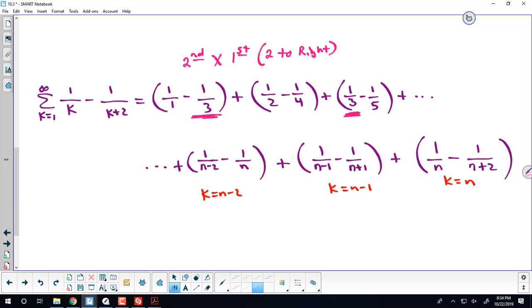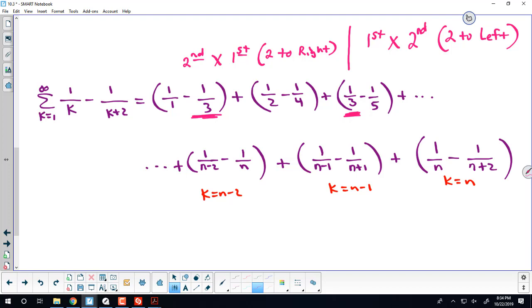And the first cancels with the second, that's 2 to the left. So then we can determine, does the 1 cancel or does the 1 stay? Does the 1/2 cancel? Stays. Does the negative 1/4 cancel? Yes, it cancels. It's the second in the pair.